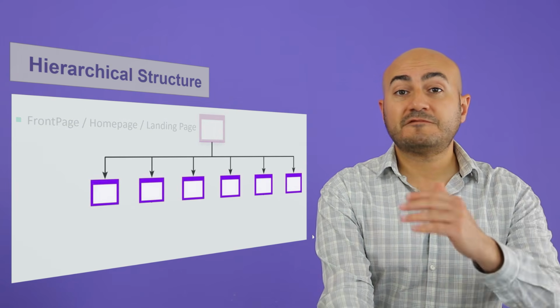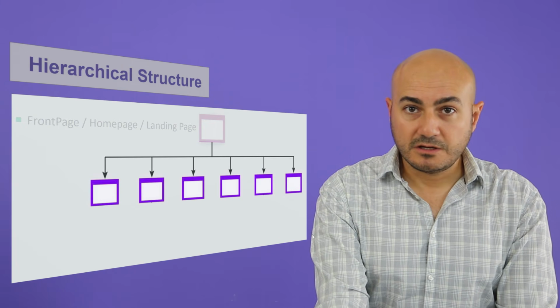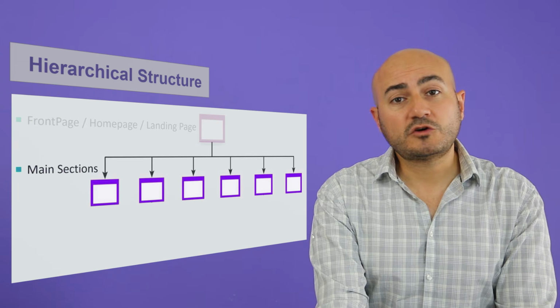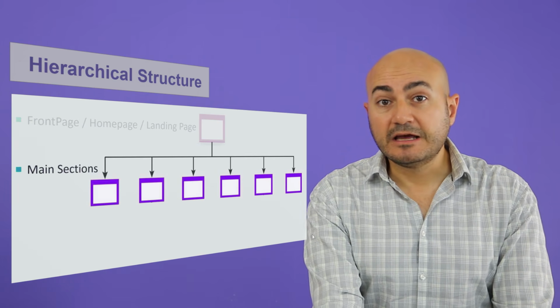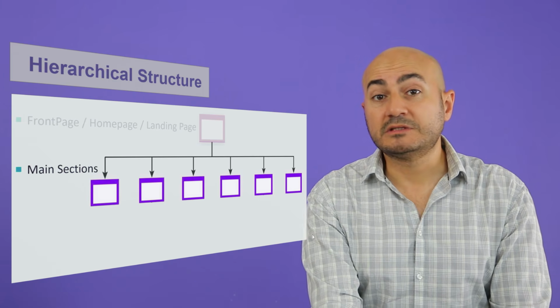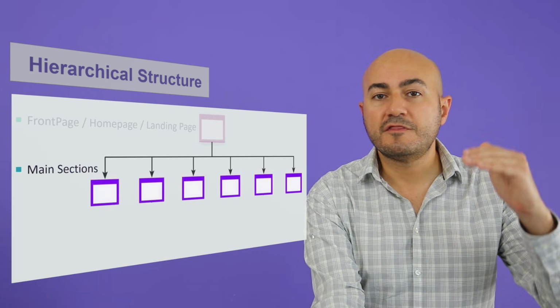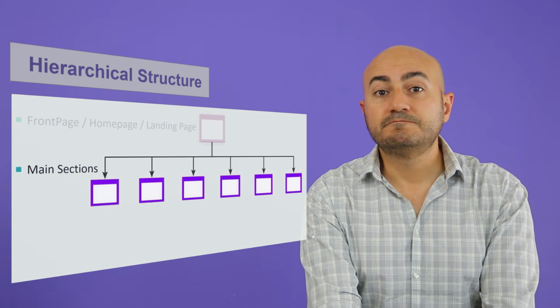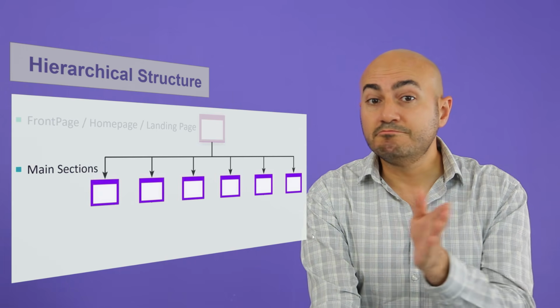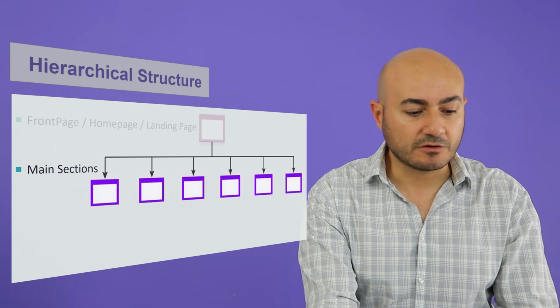From a front page, you would go into main sections of your website, and these are sometimes called site links. When you go to Google and search for a major website, for example, the Nike website, you would see that underneath Nike.com there are other links to main sections of the Nike website, and this is what site links are about.